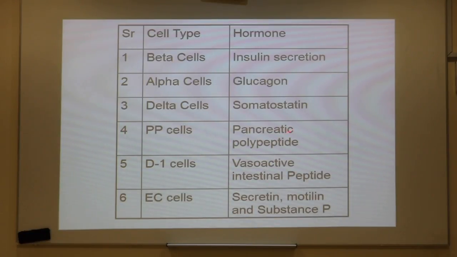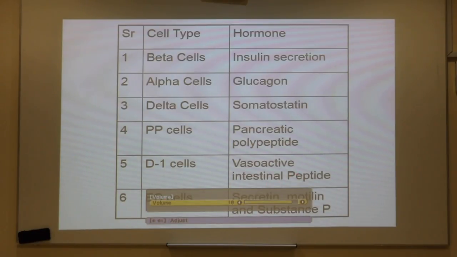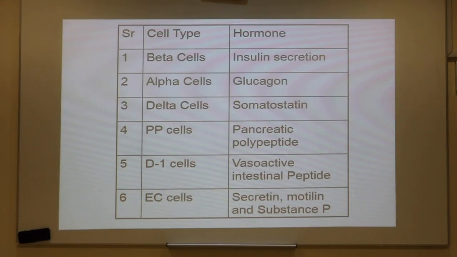Then the PP cells are the ones which secrete pancreatic polypeptide, D1 cells secrete vasoactive intestinal peptide, and EC cells are the ones which secrete secretin, motilin, and substance P. So these three are the minor type of cells which are present in the islets of Langerhans.